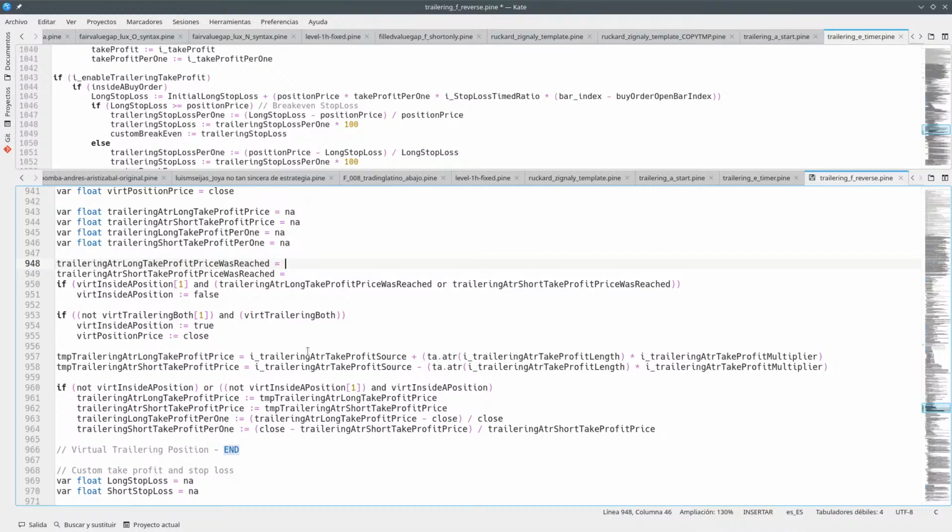What's the take profit price something something? It's the one from here.